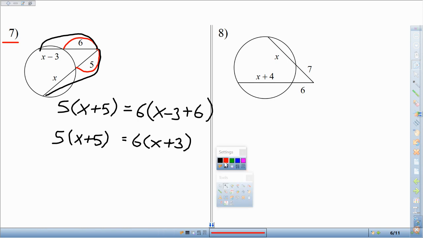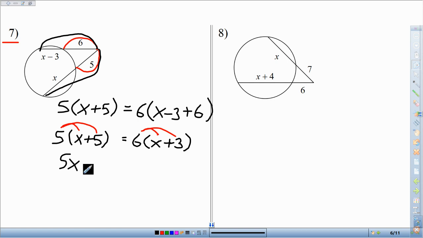Okay, so from here, now we can distribute the 5. We'll also distribute the 6. So we got 5 times x, 5x, 5 times 5, 25. On the right, 6 times x, 6x, 6 times 3, 18.